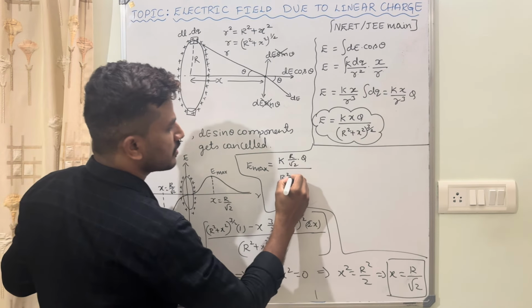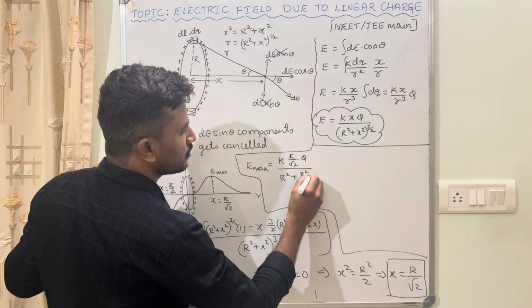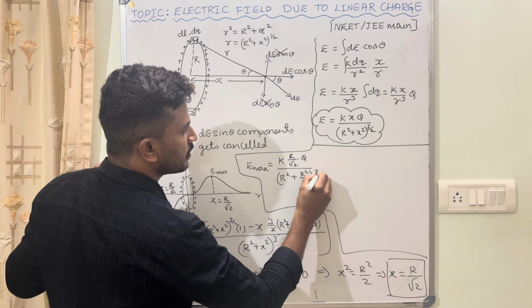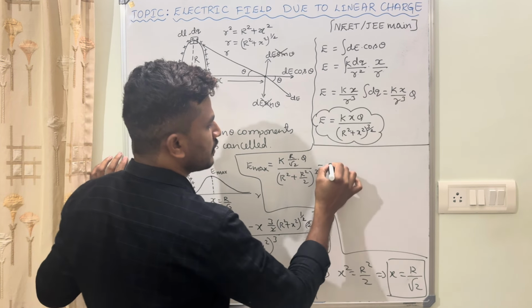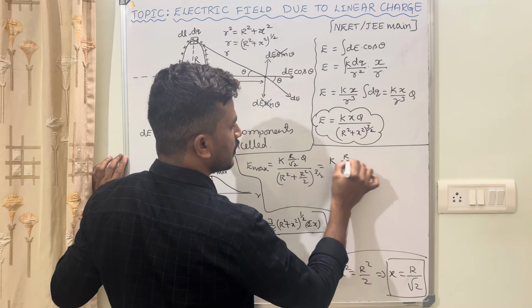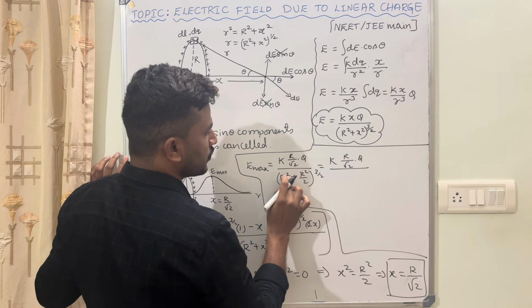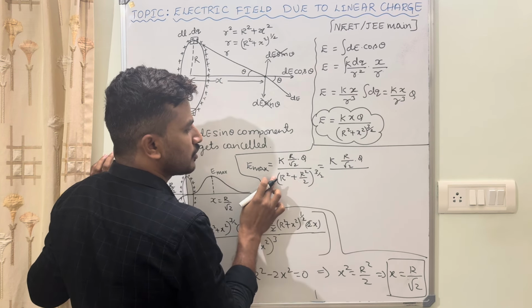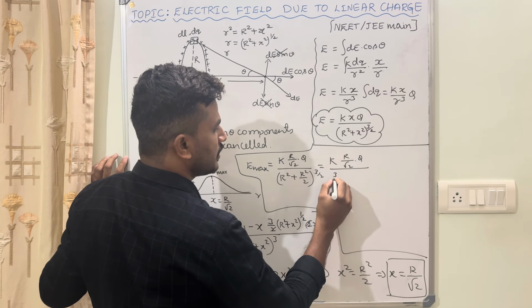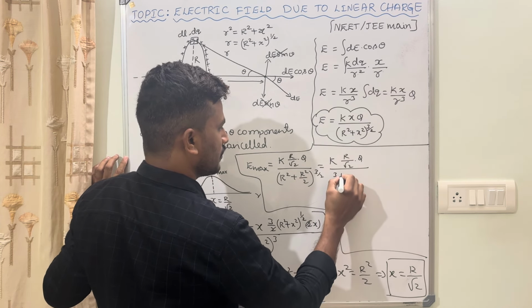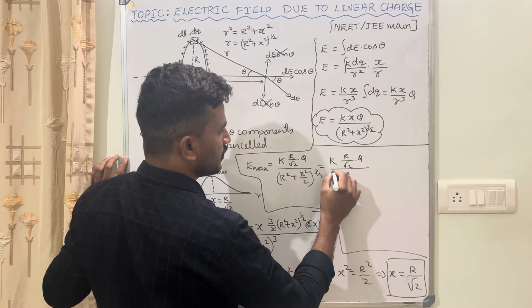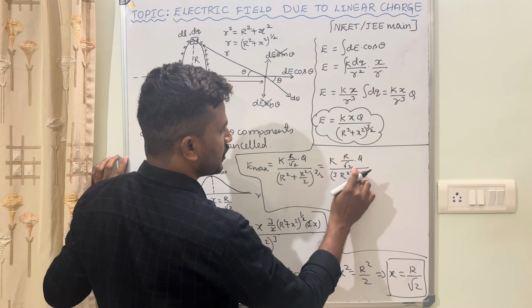R by root 2, so x square is r square by 2. Solve this: k r by root 2 into q divided by r square plus r square by 2 is 3 r square by 2, power 3 by 2.